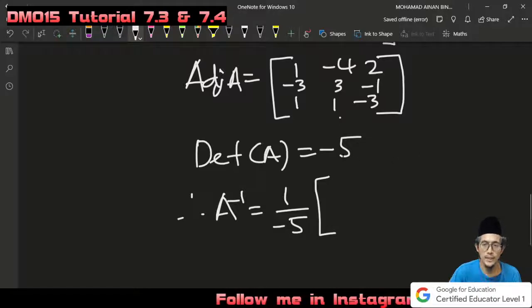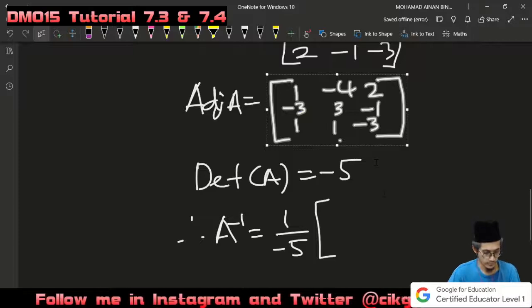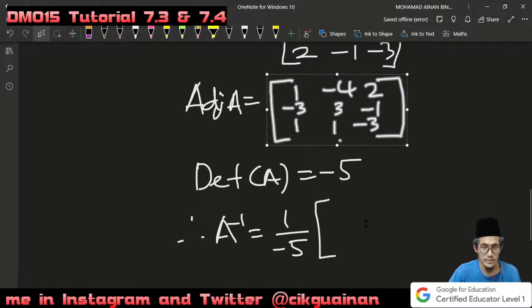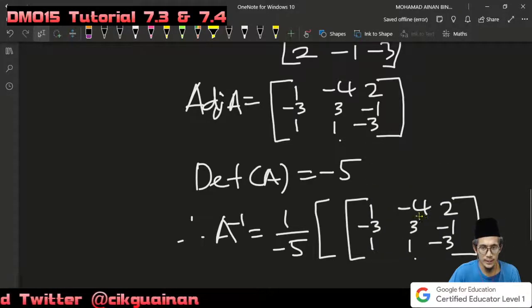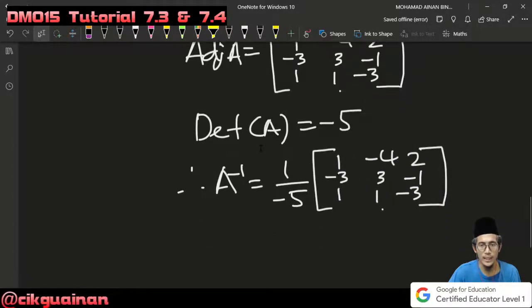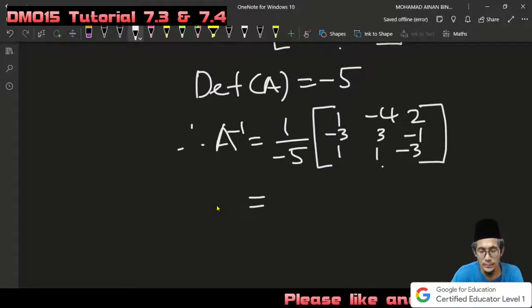Ni aku copy je lah. Tak payahlah tulis balik. Jangan rajin sangat Ainan. Tepek sini. Okay. Gerakkan dia. Tu dah dapat. Okay. Kan tadi saya kata A inverse ni kita kena masukkan. Betul tak?